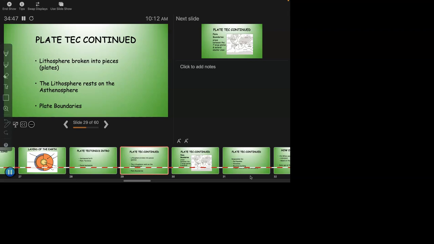So the lithosphere is broken into pieces called plates, and those pieces or plates are resting or floating on the asthenosphere. I mentioned ducks in a pond the other couple slides back. All right. And it's not quite that free, because when I say that, I'm guessing half of you pictured the continents floating around the ocean, which is only half the story.